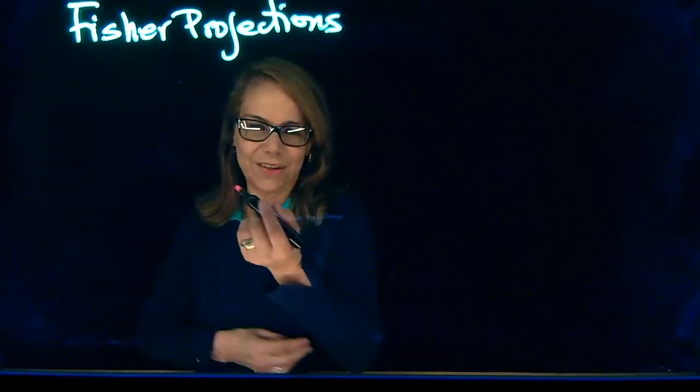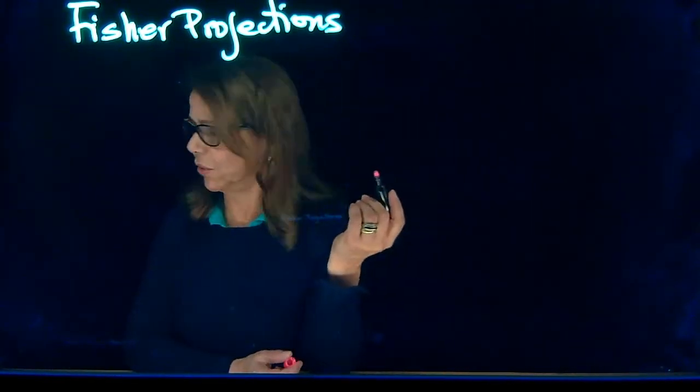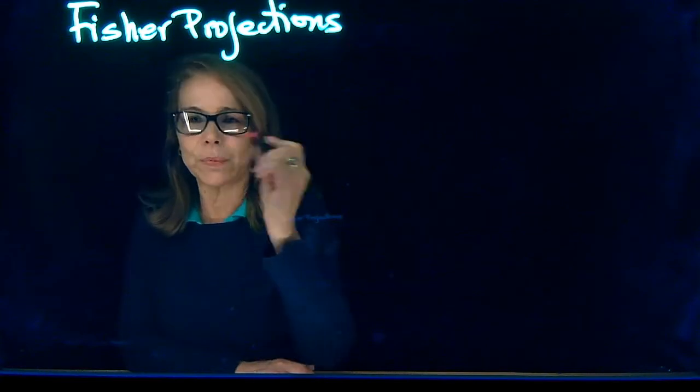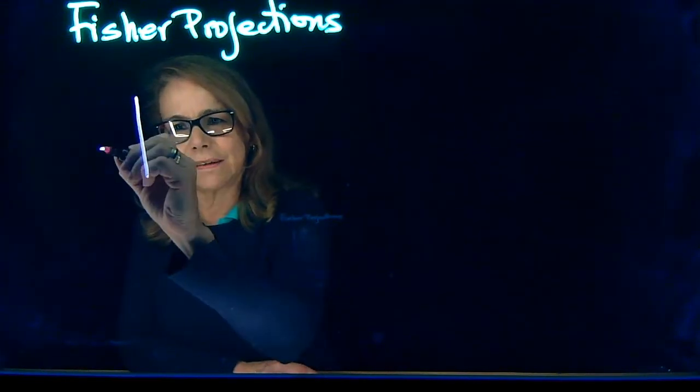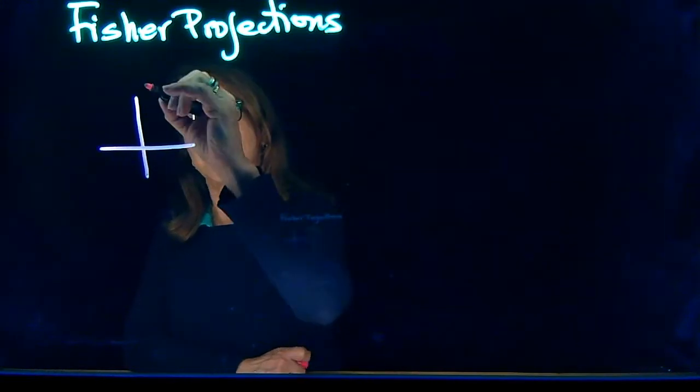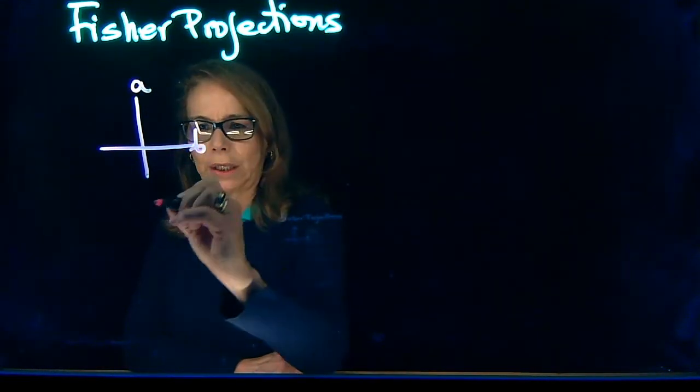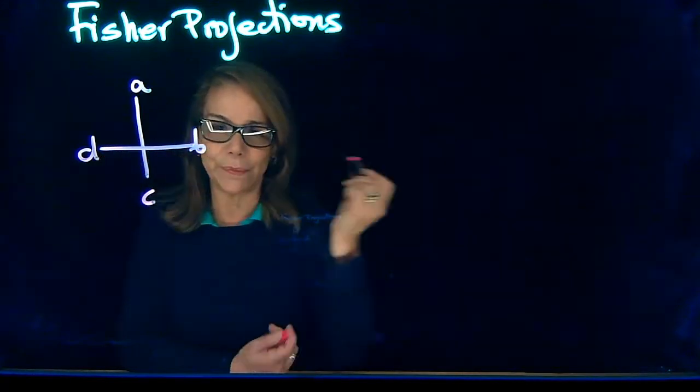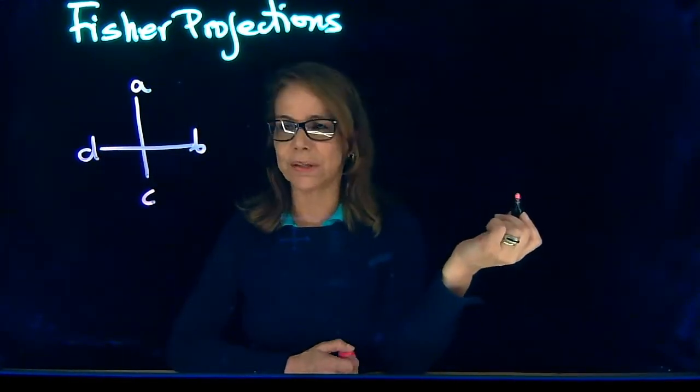So let me get started by drawing a molecule and just talk about what the convention is. In Fischer projections, you're going to see lines like that, but we're going to explain what every line means. Say that is A, B, C, D, where A, B, C, and D are different constituents.